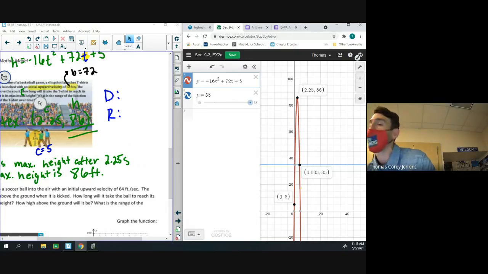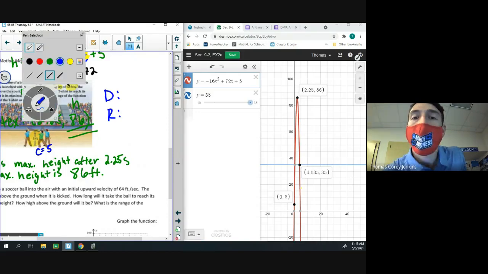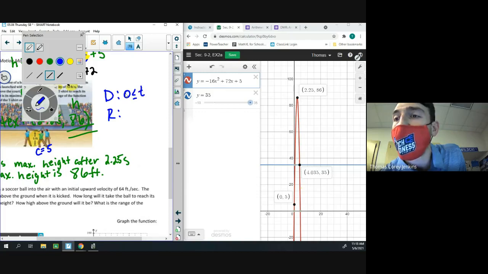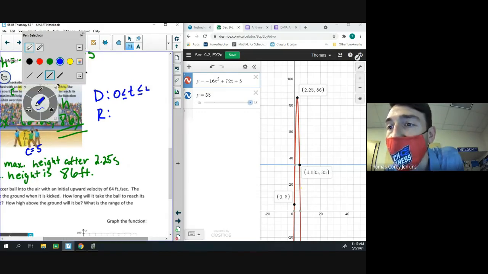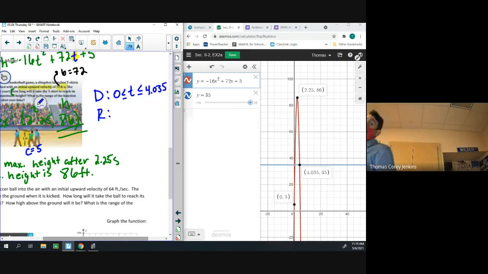That's how long it was in the air. So here's the way we write that out. We would go 0 is less than or equal to our time, which is less than or equal to 4.035. All that means is its flight was 4.035 seconds. So very close to 4 seconds.